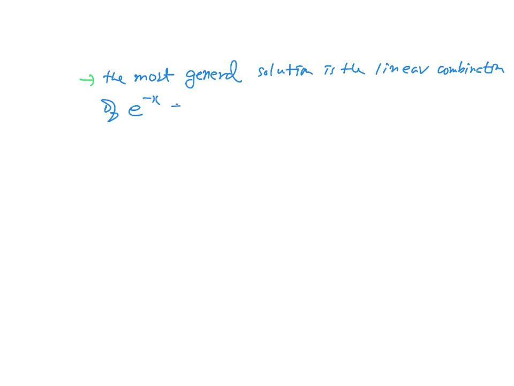Exponential minus x plus exponential minus 2x. We are going to call this the homogeneous solution, c1 exponential minus x plus c2 exponential minus 2x.